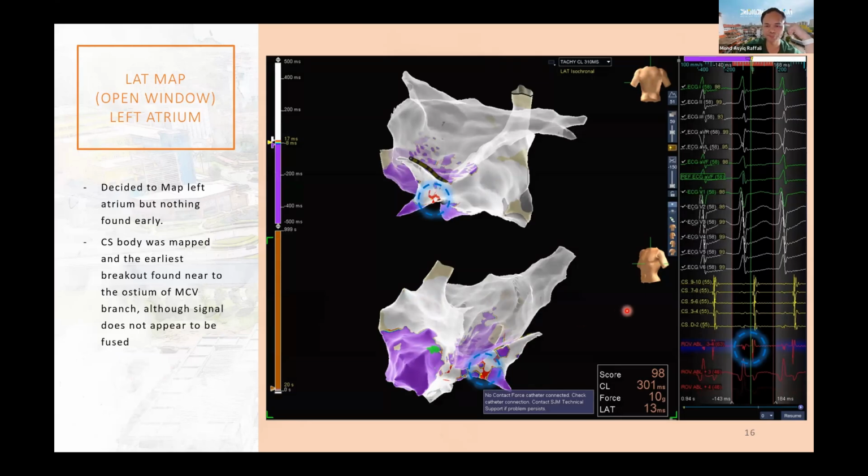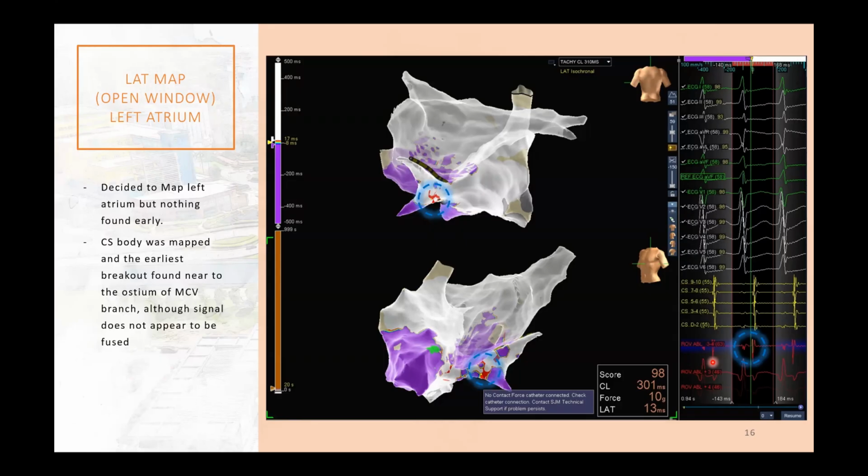So what do you think about this? Well, most of us try to record as much as possible the extrahepatic potential. But the posteroseptal region, as you know, is anatomically a very complex area, with the coronary sinus musculature. So you just found the earliest A there, and you did not look for the hepatic potential.